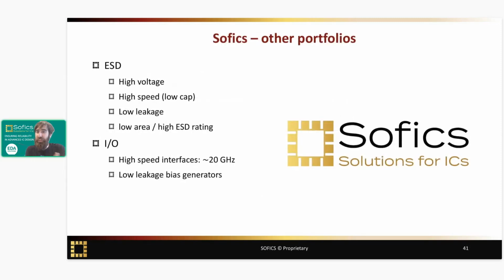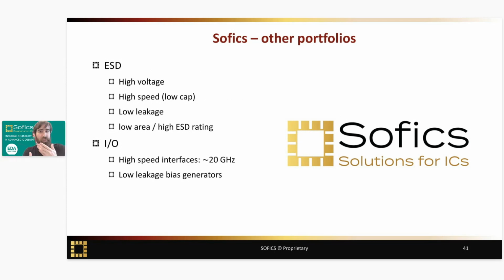Sofics is not only a company making overvoltage tolerant IOs. We have quite an extensive ESD portfolio as well, or analog IO. They are very similar in nature, where we focus on higher voltages, higher than the PDK allows, or high speed. In practice, this is very often low cap, 5 femtofarad, 10 femtofarad protection cells are definitely possible.